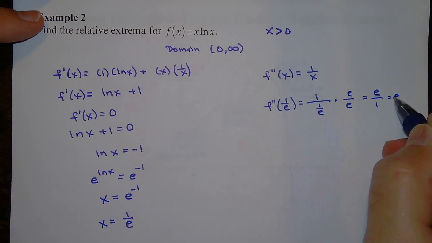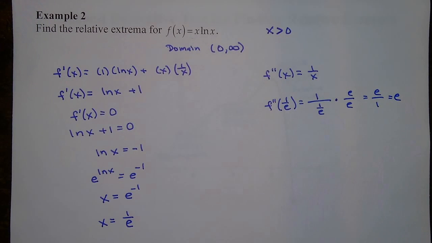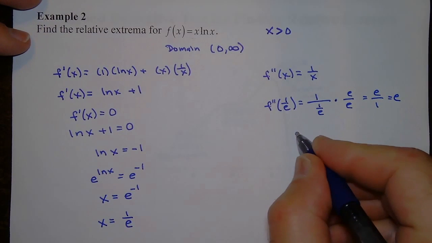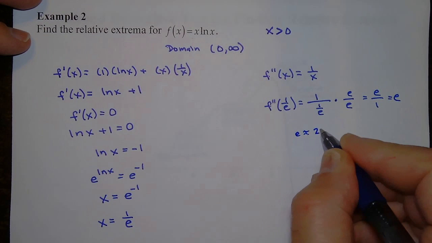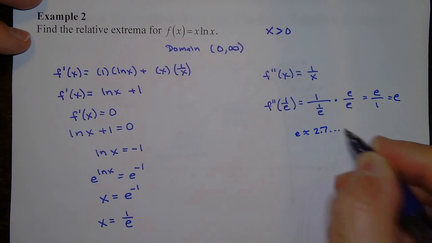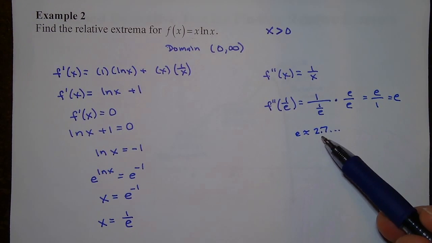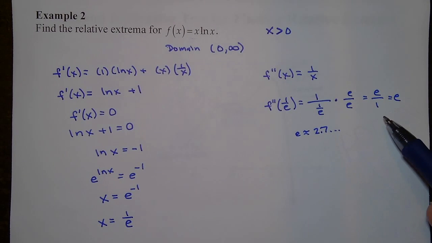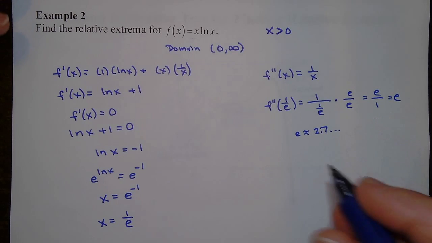So that's just e. So our output for the second derivative is e. And you recall that e is about 2.7 yada yada, right? And what matters is that it's positive. So because it's positive, that means it's greater than 0. That means it's concave up. That means relative minimum.